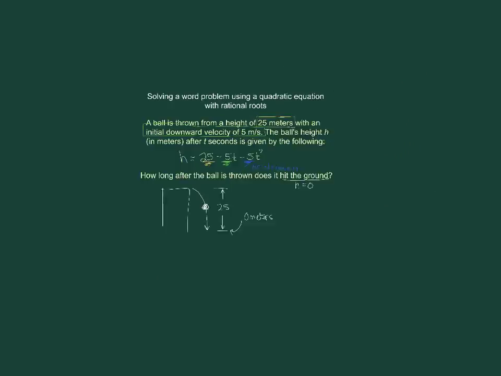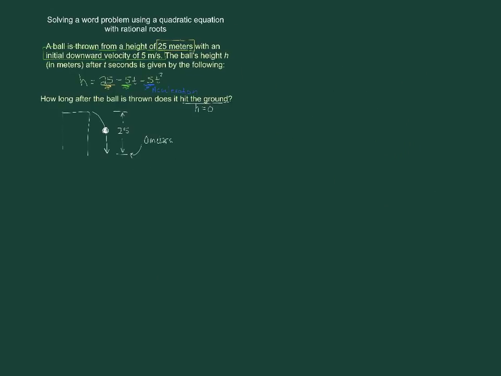Okay, I'm going to zoom this all out and slide it up. So here's our problem. We have h equals 25 minus 5t minus 5t squared. H needs to be 0, and that's 25 minus 5t minus 5t squared. Well, looking at this kind of has that form of ax squared plus bx plus c equals 0.